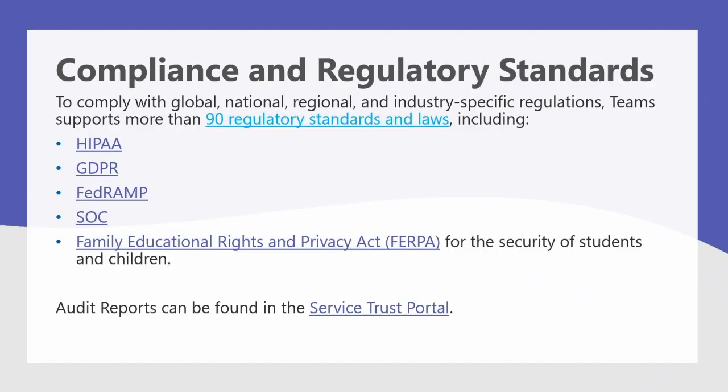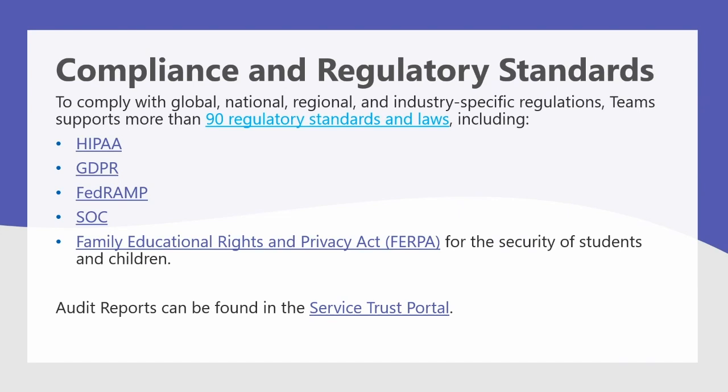So the first thing to understand is that Microsoft Teams is built from the ground up with security and compliance in mind. And to that goal, Teams does support more than 90 regulations and standards, including common ones like HIPAA for healthcare, FERPA for education institutions, FedRAMP for federal government, and of course our favorite GDPR, which now applies to everybody.